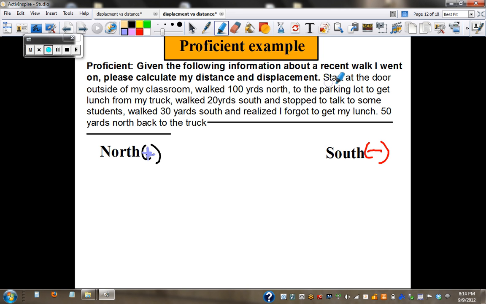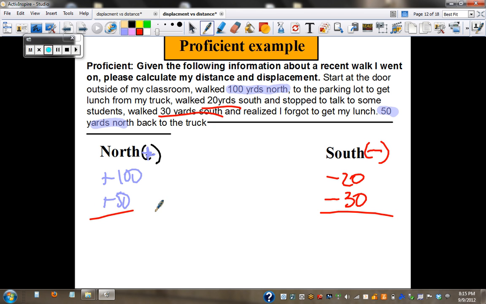So let's read for all the north motions. 100 yards north, 30 yards south, 20 yards south, 50 yards north. So let's add it up. Positive 100, positive 50. Now the south, 20 yards and 30 yards: negative 20, negative 30.